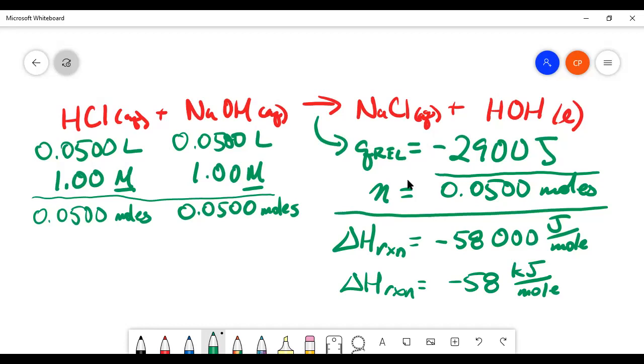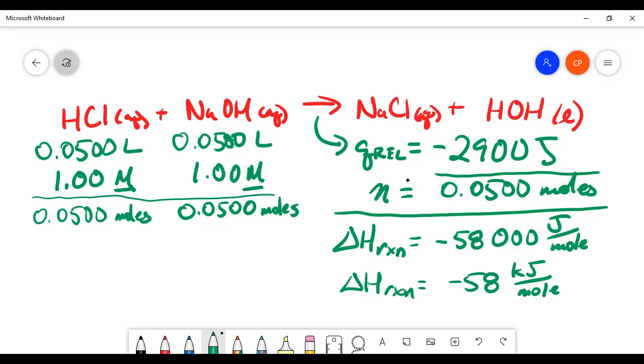Those are the moles present here because there's 1 mole in the reaction of each of these. The enthalpy of reaction for the combination of hydrochloric acid and sodium hydroxide to make salt and water is negative 58 kilojoules per mole of reactant.